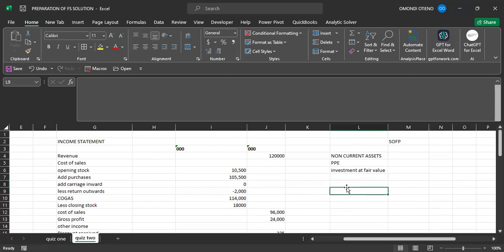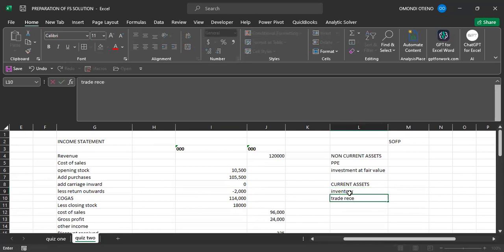Then we come to this part and get current assets. So our current assets here, we have inventory, we have trade receivables, we have cash and cash equivalents, that is cash balance, cash at bank, cash on hand.